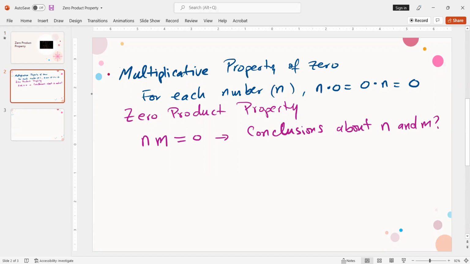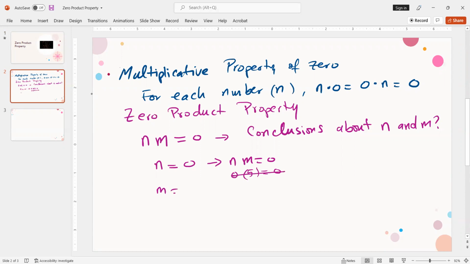Of course, when you think about it, you're going to say, well, if n is zero, that could lead to this product being zero, because m can be, let's say, 5, for example. It doesn't matter, right? Because that's the multiplicative property of zero.